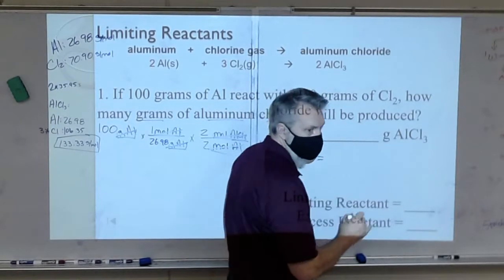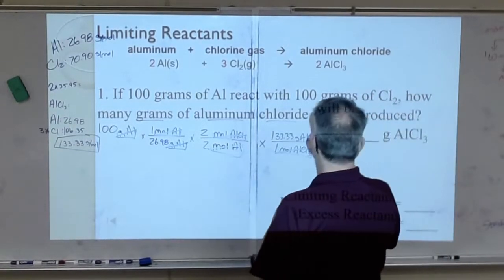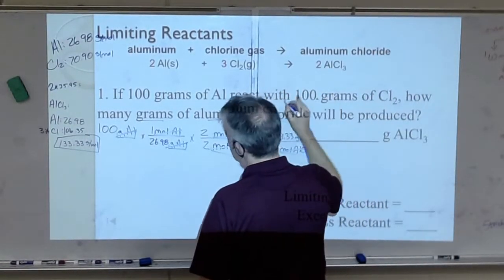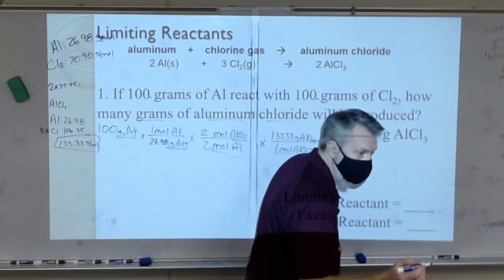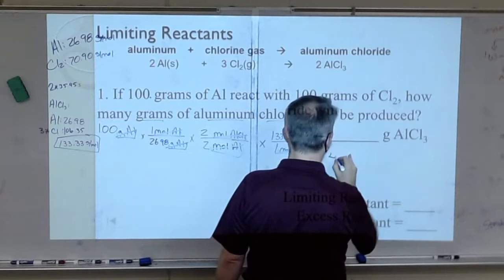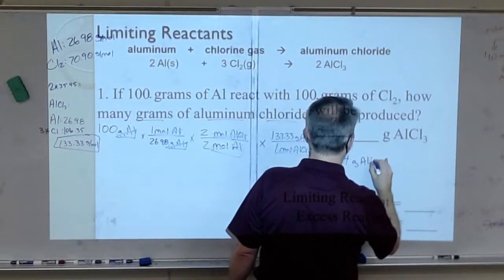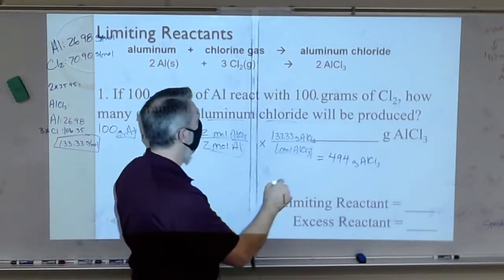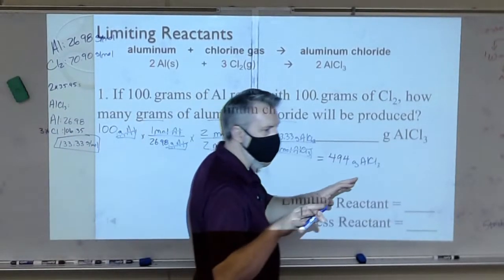What's this number? Who's got that? So let's put some dots here so we get three sig figs, because otherwise we'd only have one sig fig, right? So what is it? 494? All right, with our 3 sig figs, 494 grams of aluminum chloride. Did everybody get that? Are we okay? Do we have any questions?